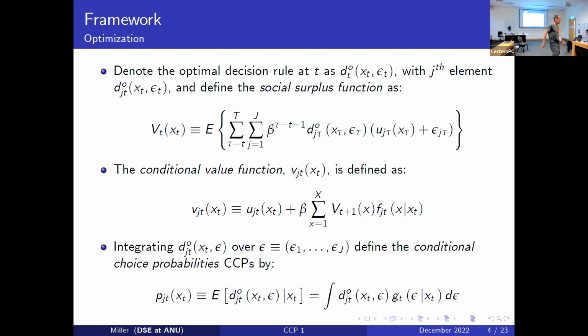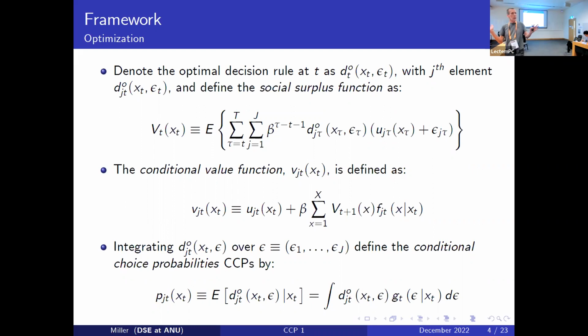That leads us to the conditional choice probabilities that are central to thinking about estimating problems this way, which is just the expected decision conditional on the state variables that are relevant for the agent.